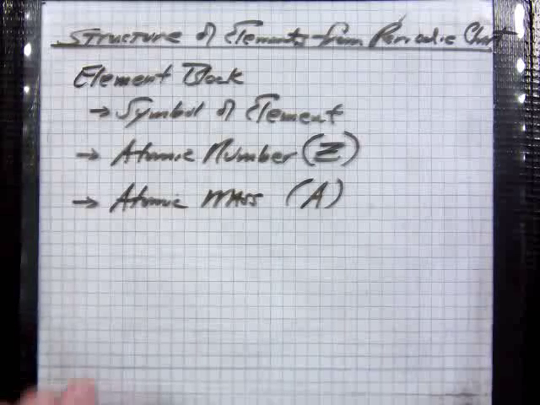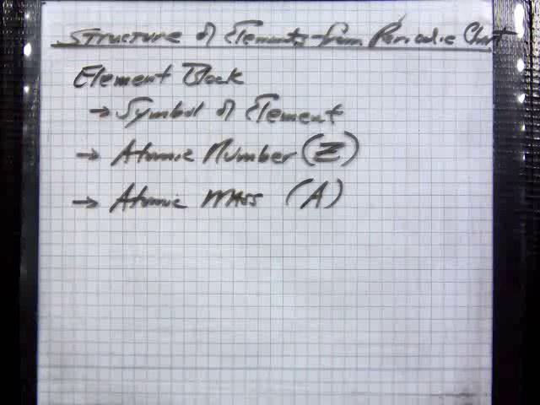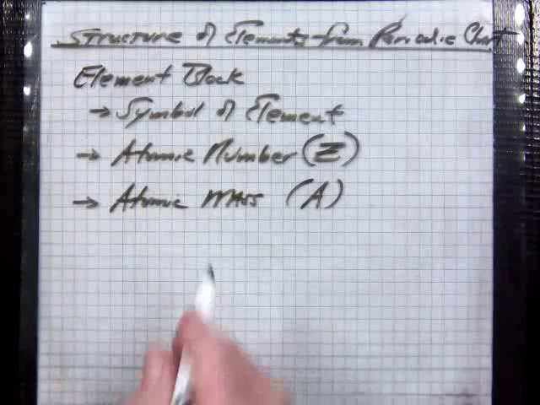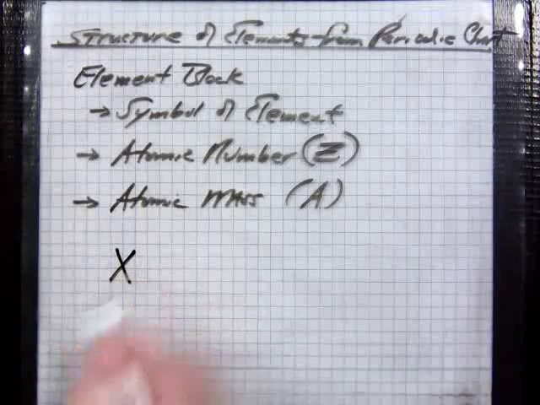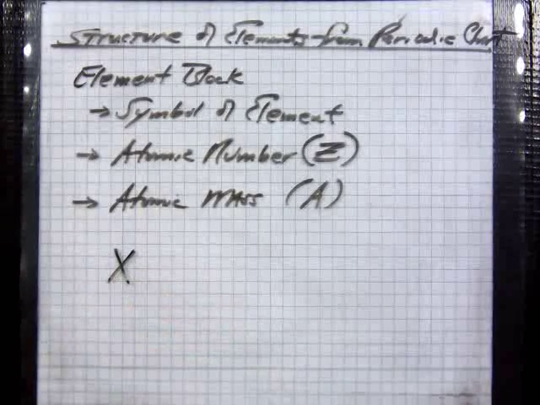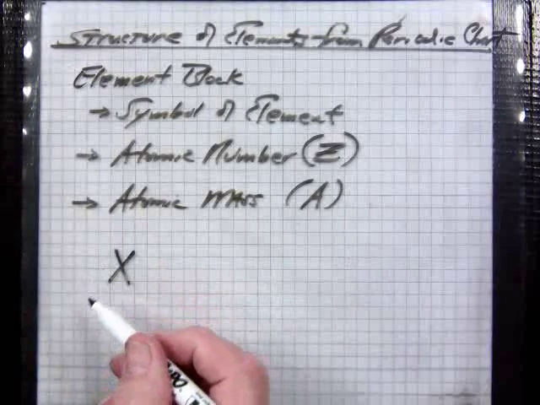Now, in order to determine how many neutrons, protons, and electrons a given element has, we need to start with the symbology. Say some element X, whatever the symbol is. They put the numbers in different places.